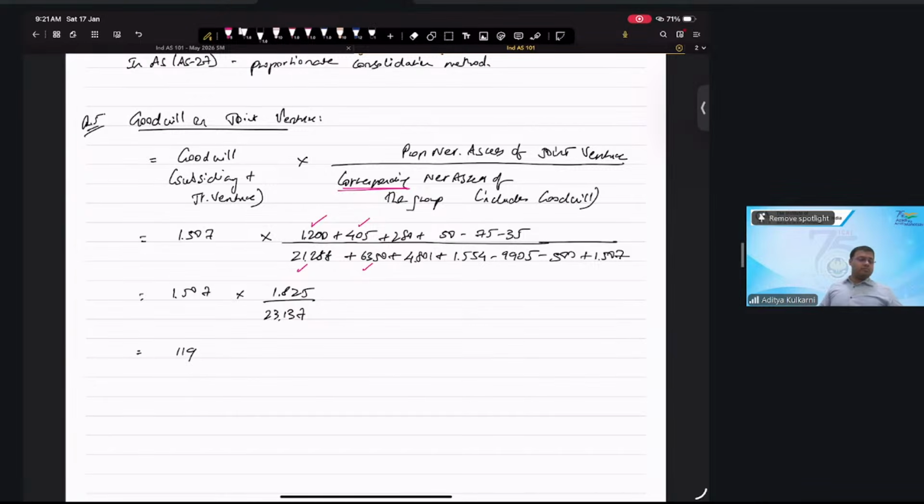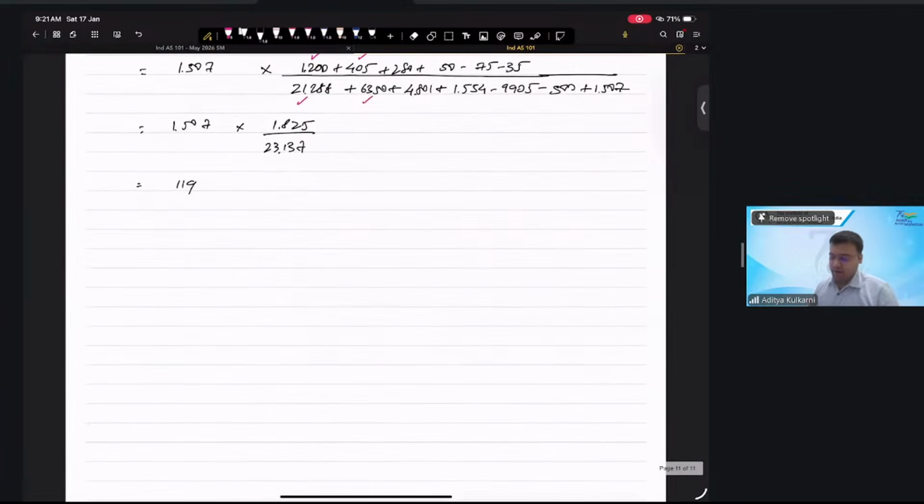Any doubts till now? Clear. So now, what will be the journal entry that needs to be passed? First, to goodwill, my goodwill will reduce by 119. To property, plant, equipment, I will eliminate 1200.